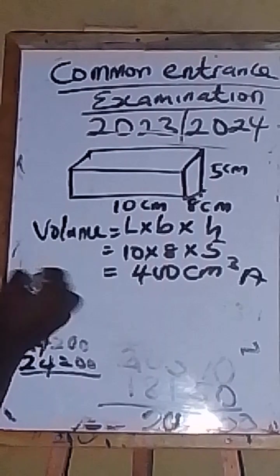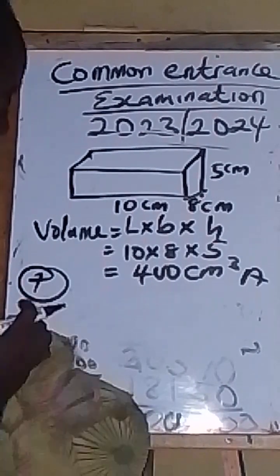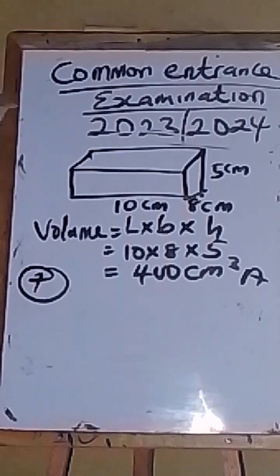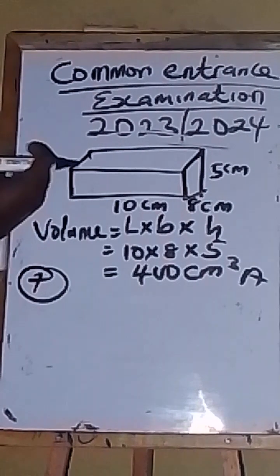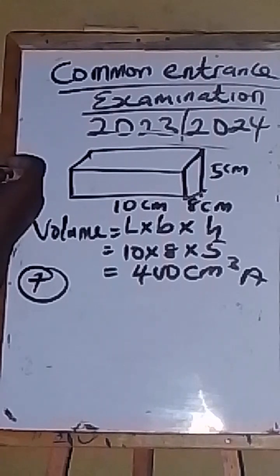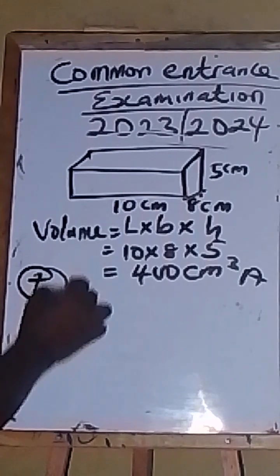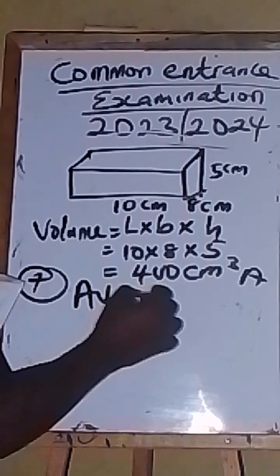Number 7. They ask us for the average. The class attendance of pupils from Monday to Friday of Primary 5 of Okere Primary Schools, Shaki, were 43, 40. So average is the same thing as mean.